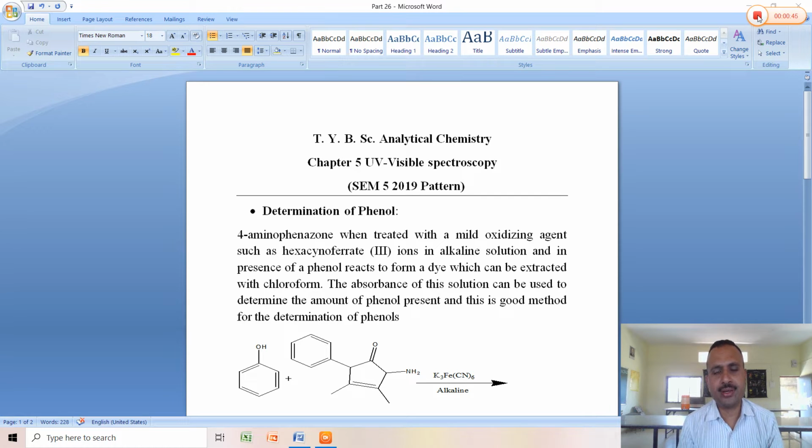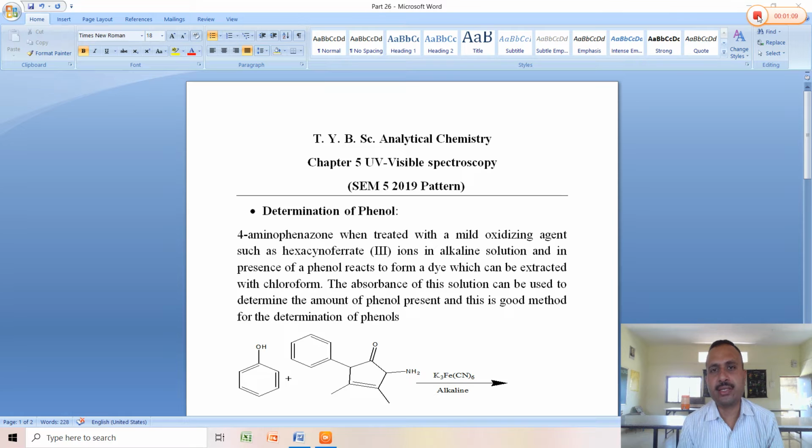In a similar way, today's lecture is associated with the determination of phenol. By this method, traces of phenol are determined with the help of spectrophotometry. Here, phenol is reacted with 4-aminophenazone in the presence of potassium cyanoferrate in an alkaline medium to give a particular dye.